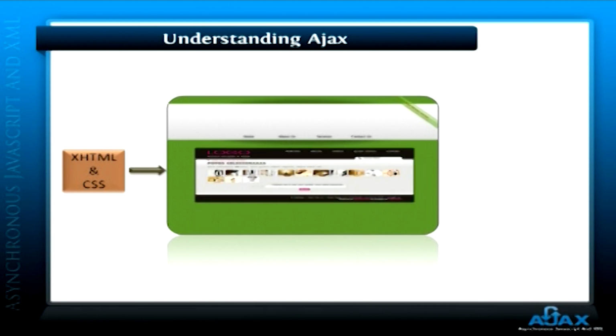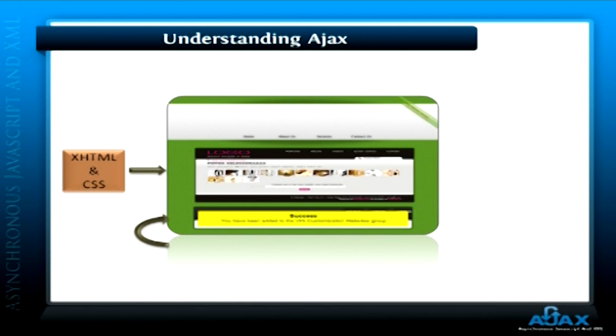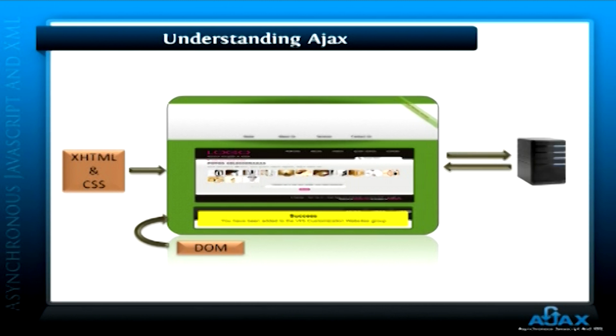Either it should display something, or it should respond to the user input, and this is achieved with the help of DOM. Thirdly, to interact with the user, our Ajax application should send and receive information from the web server. So here, in Ajax technology, the information is transmitted in XML format.